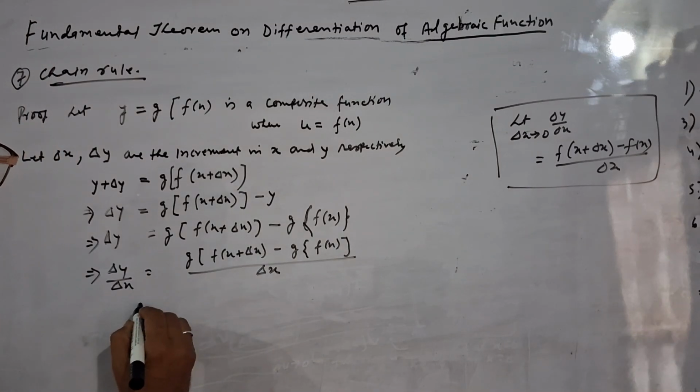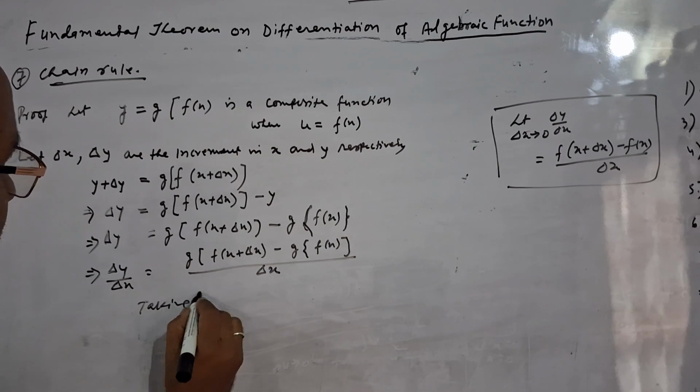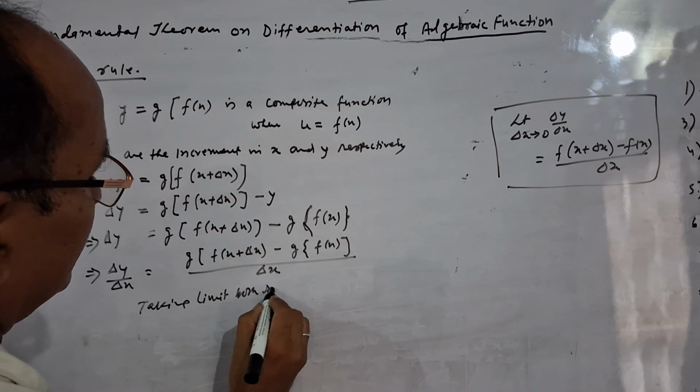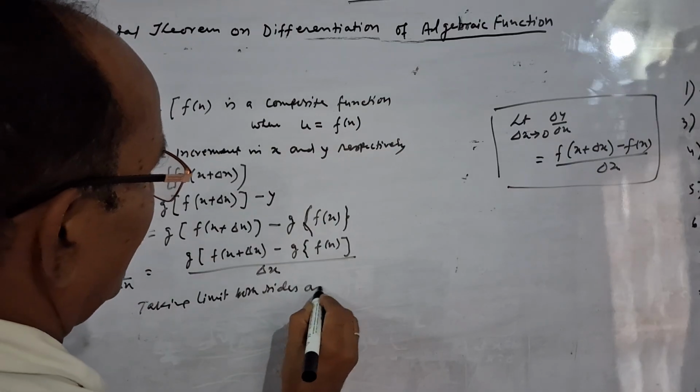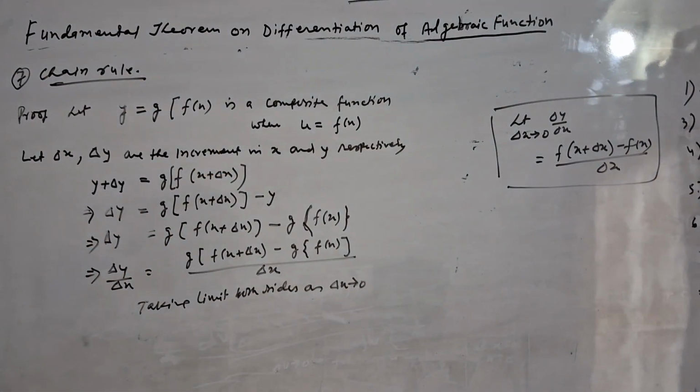Now taking limit on both sides, as delta x tends to 0, what do we get?